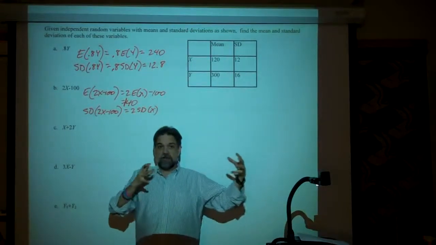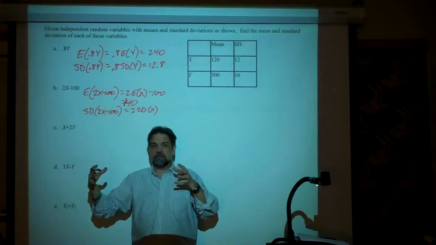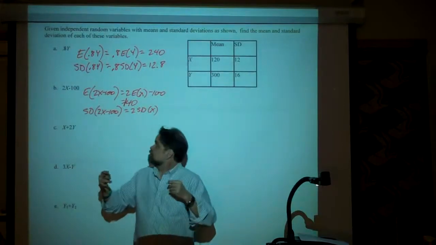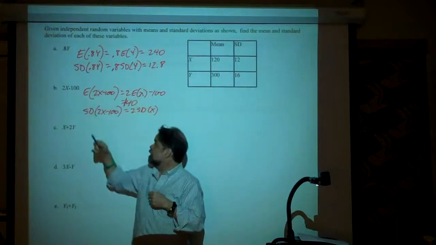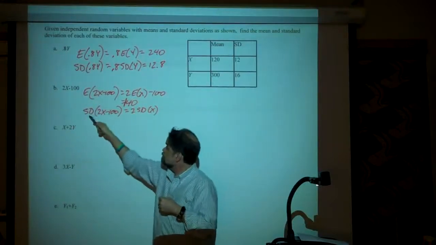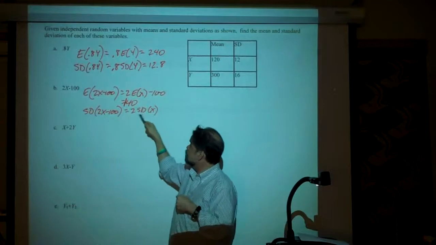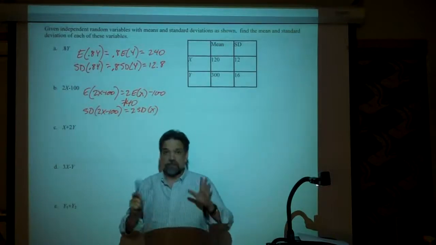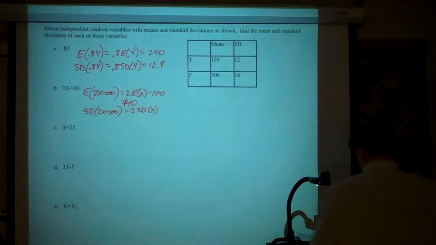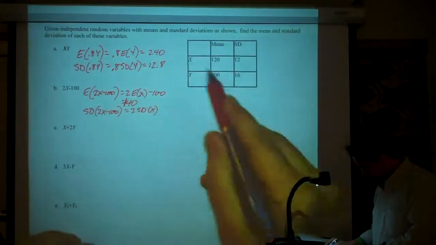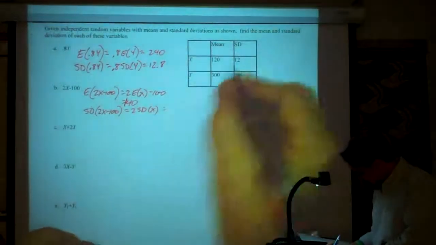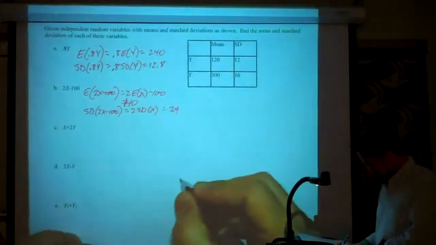When it shifted down by 100, that didn't change the spread at all. So the 2 does affect your standard deviation, the 100 doesn't. So the standard deviation of 2x minus 100 is just 2 times the standard deviation. The 100 doesn't matter at all. So this is going to be 2 times 12, which is 24.